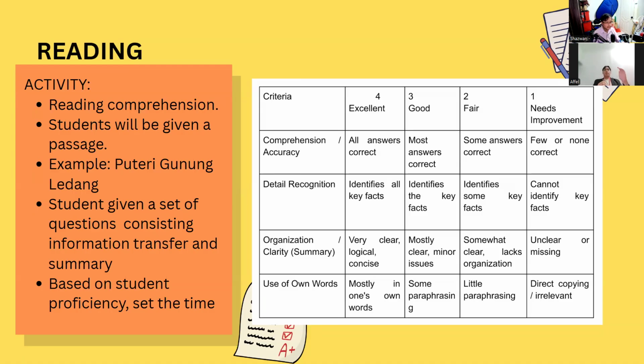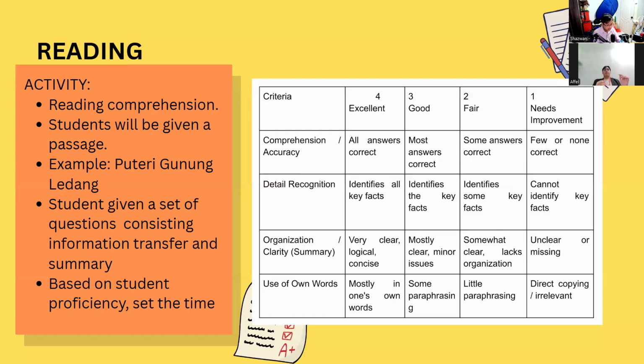These questions obviously will be based on the passage given to the students, and the set of questions would be questions like information transfer and summary.